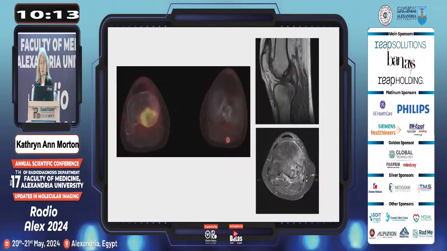So it's very helpful. This is a patient who had an osteomyelitis of the proximal tibia. You can see the signal changes here on MR. This is with contrast showing this lesion, and it was intensely hypermetabolic on FDG PET.